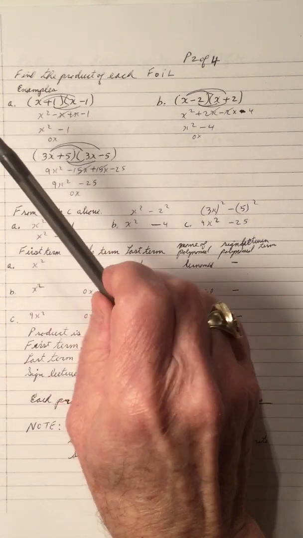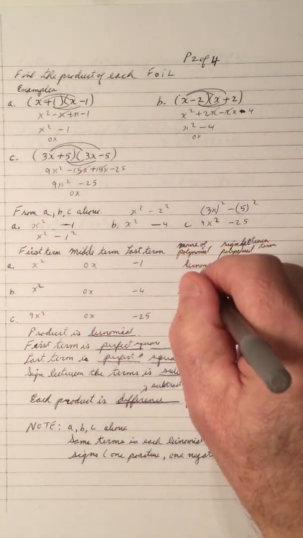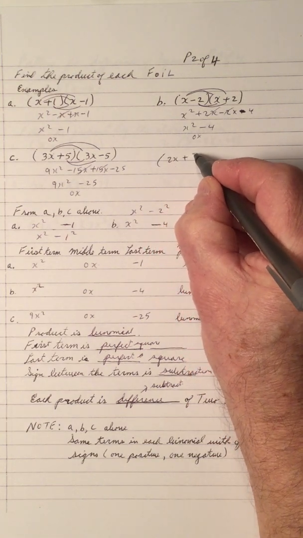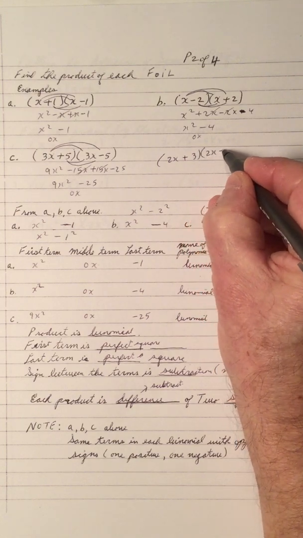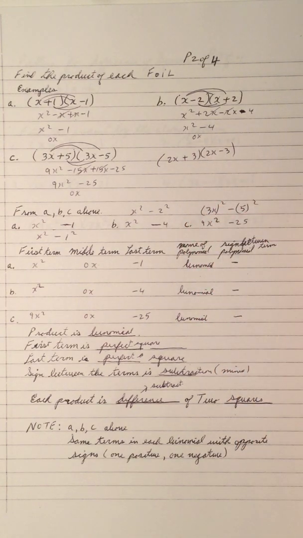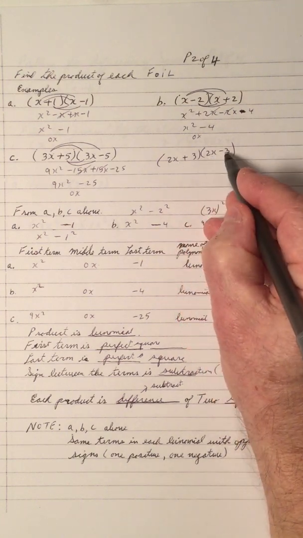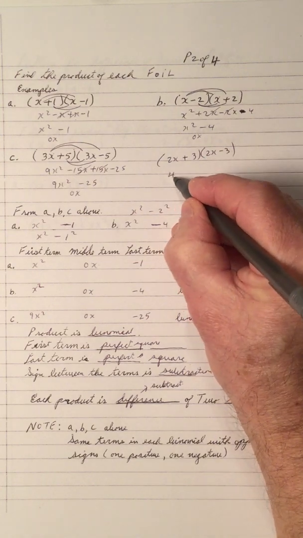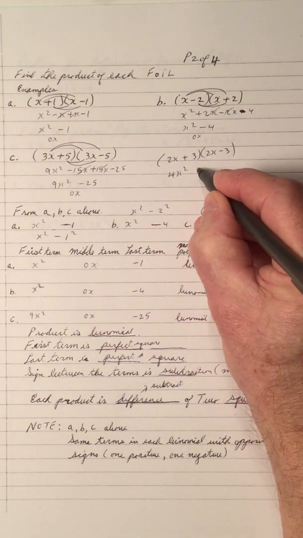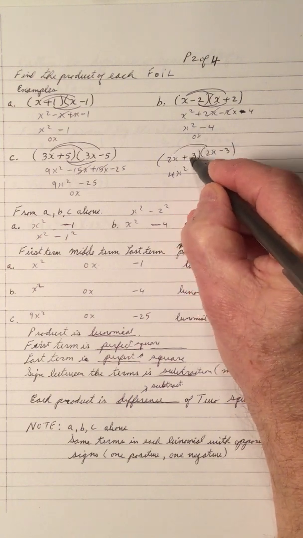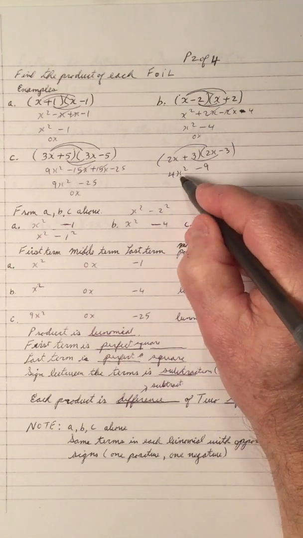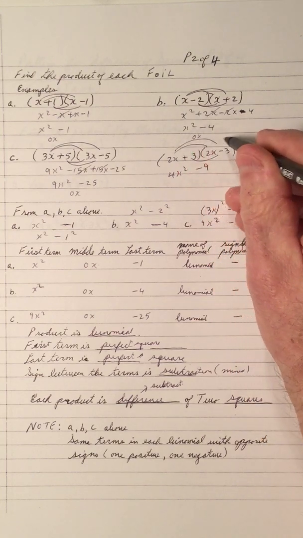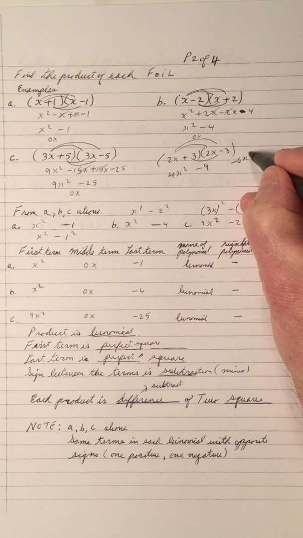So when that happens, when you multiply, just watch. When you take 2x plus 3 and multiply by 2x minus 3, because they're the same two terms separated by a plus and a minus, I can go first and last and get 4x squared minus 9, because when I do the outside, I get a negative 6x.